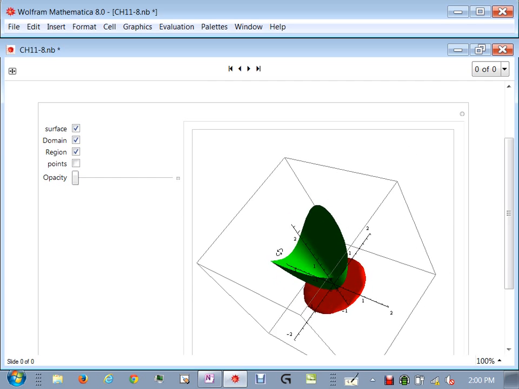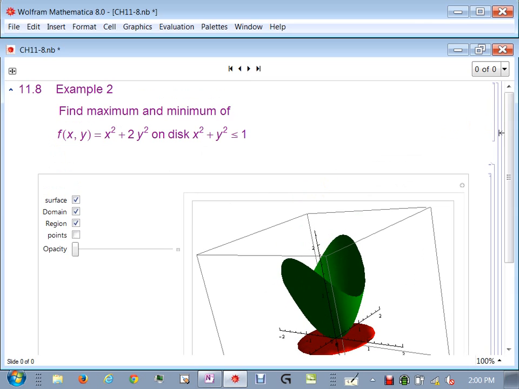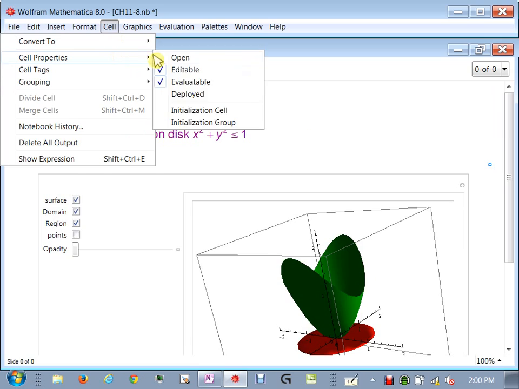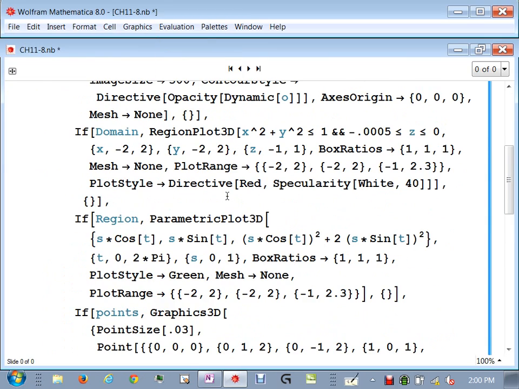And I want to know the highest and lowest values. Any ideas?